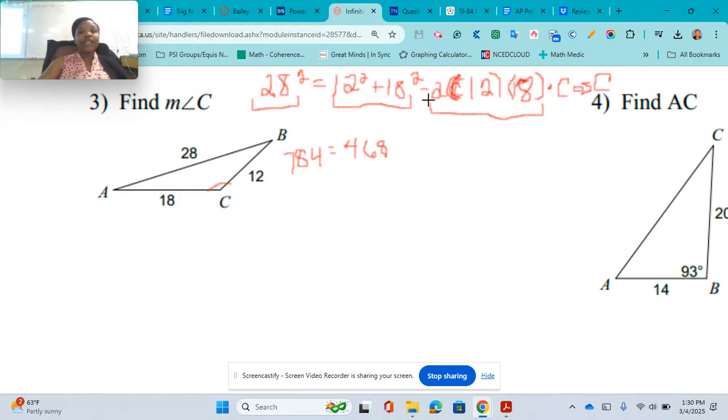We included the negative with the 2, so we need to not put a subtraction, but actually just put the answer, and the answer was -432. We're going to then multiply it, bringing down our cosine of C.